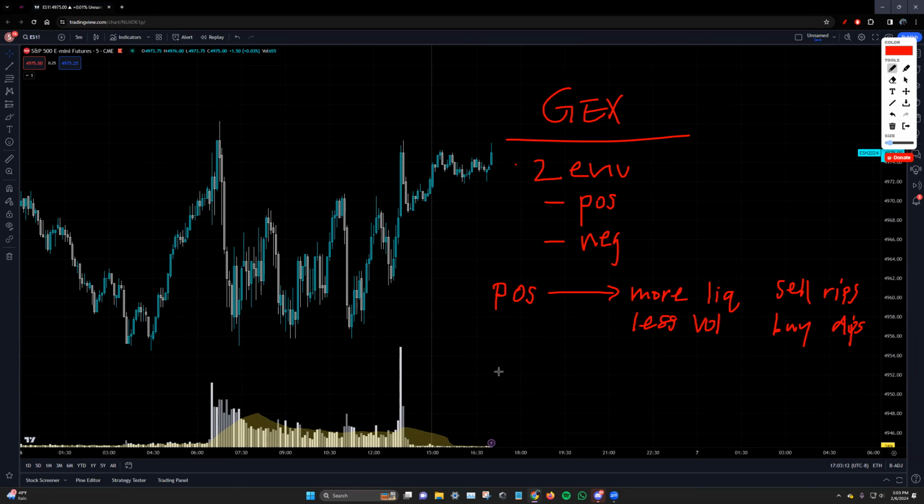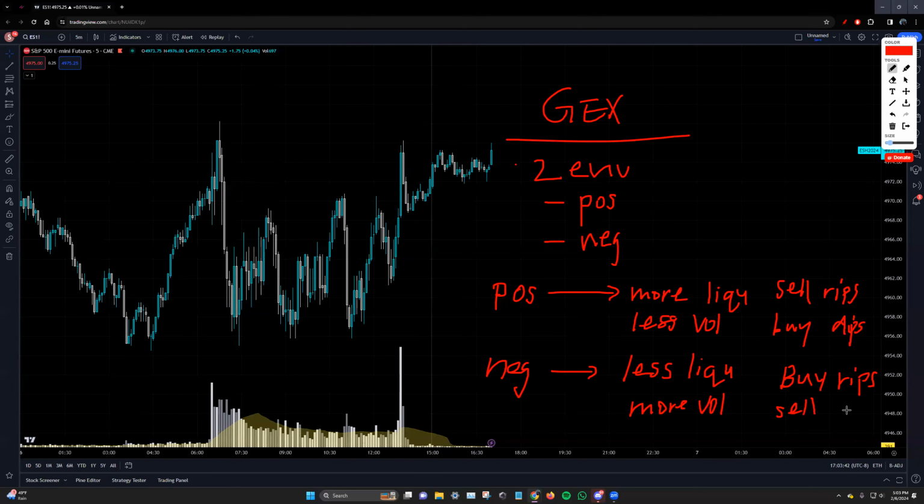As for negative, the second environment, what does that mean? Less liquidity and more volatility. They buy rips and sell dips.